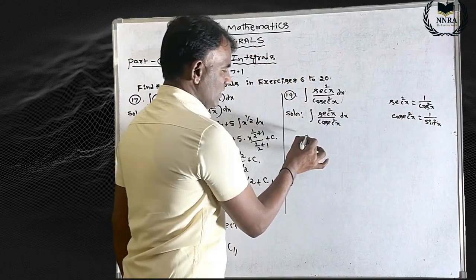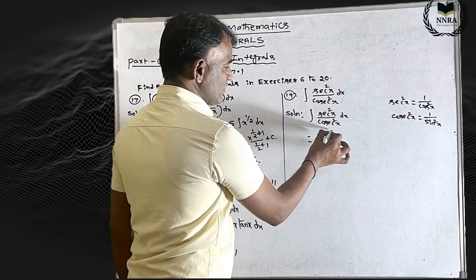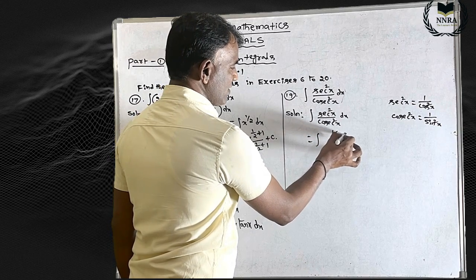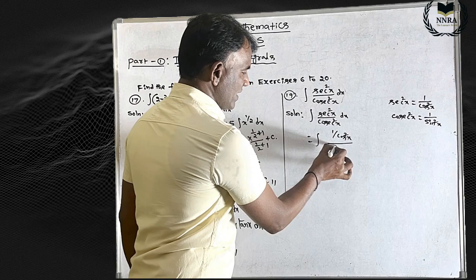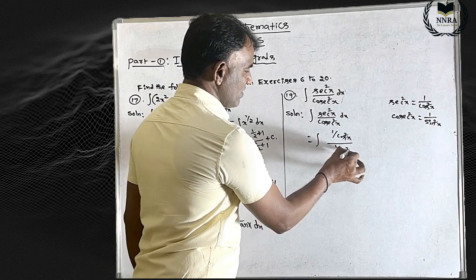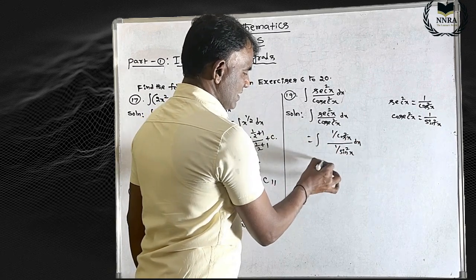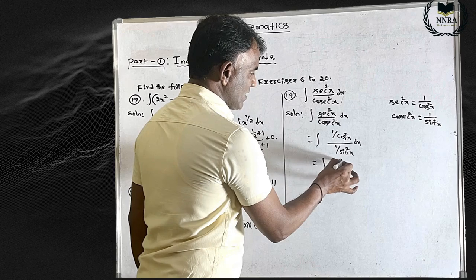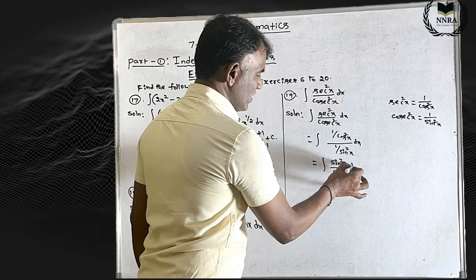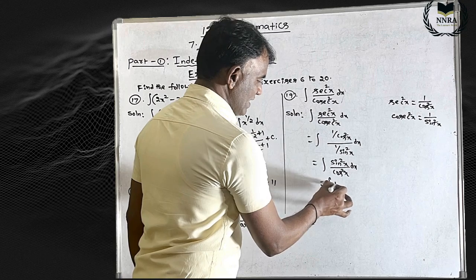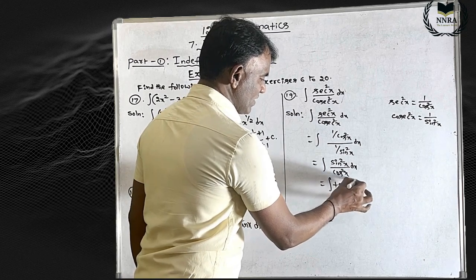Okay. Now how to write this? This can be written as 1 by cos square x. And coming to denominator, cosecant square can be written as 1 by sin square. Then dx. And this whole value can be written as sin square x by cos square x into dx. That can be written as tan square x into dx.